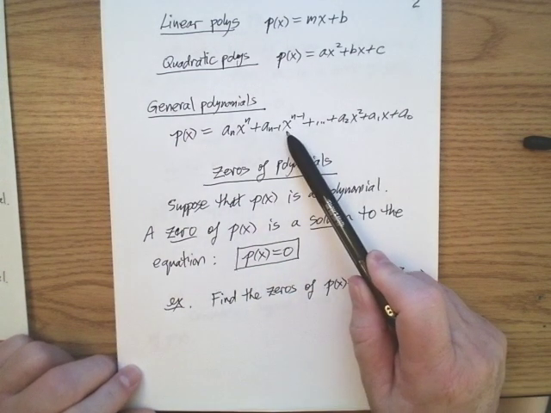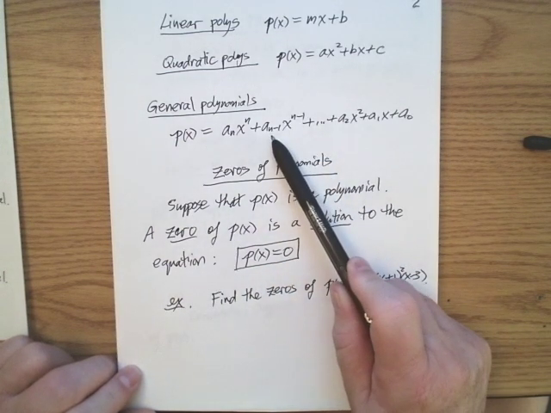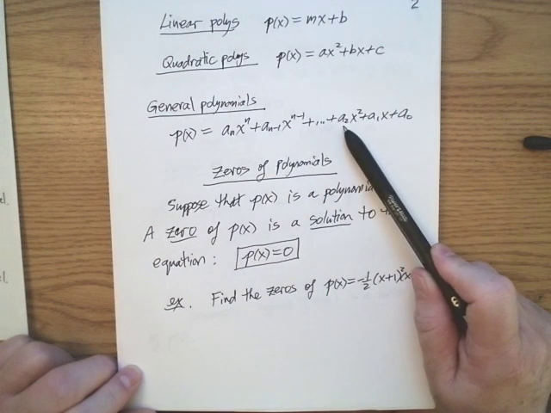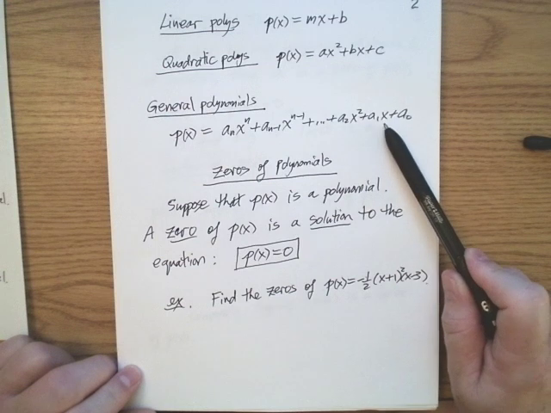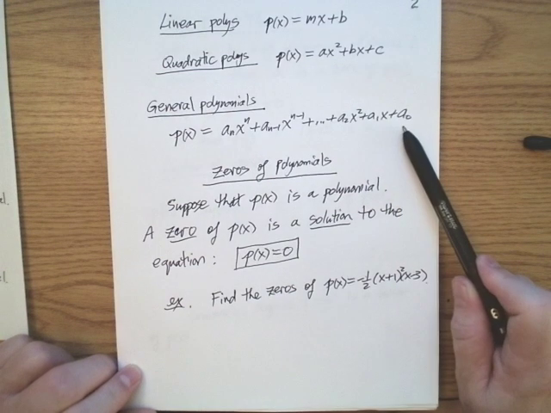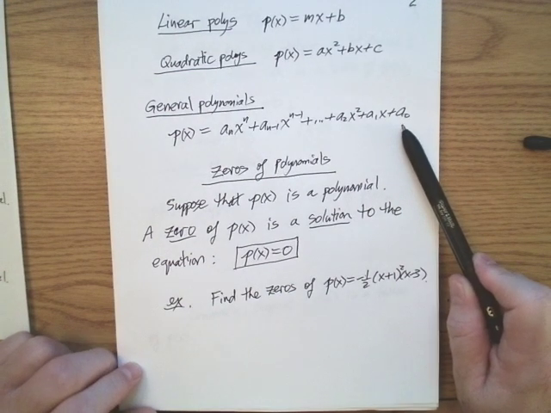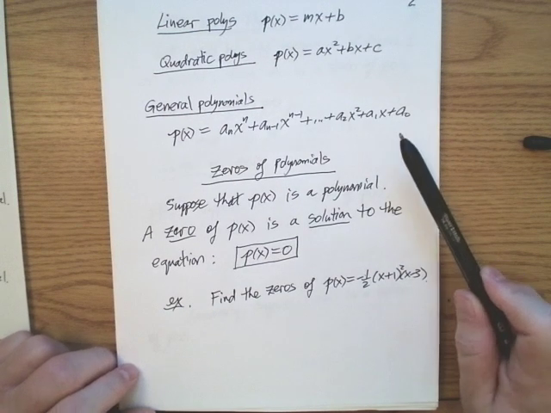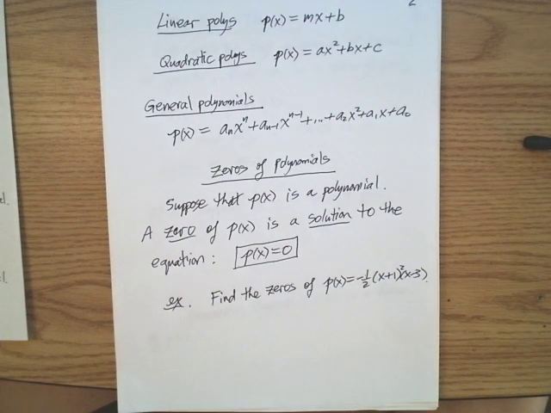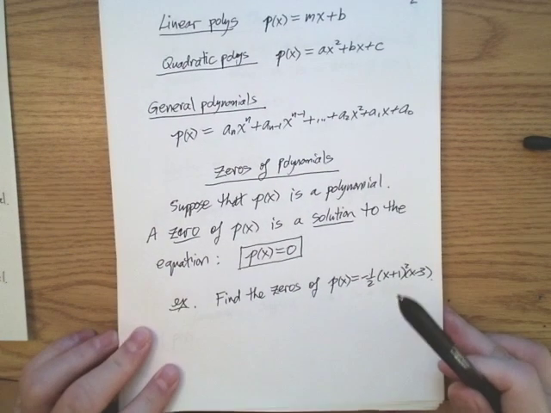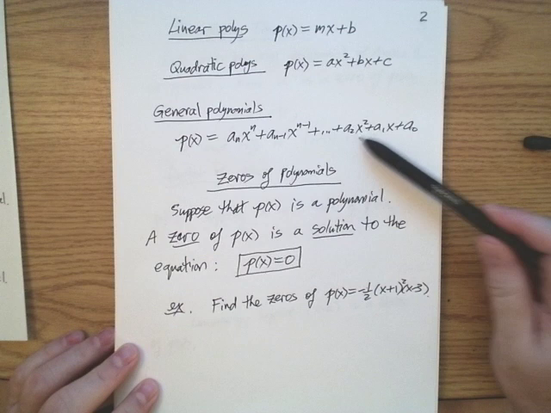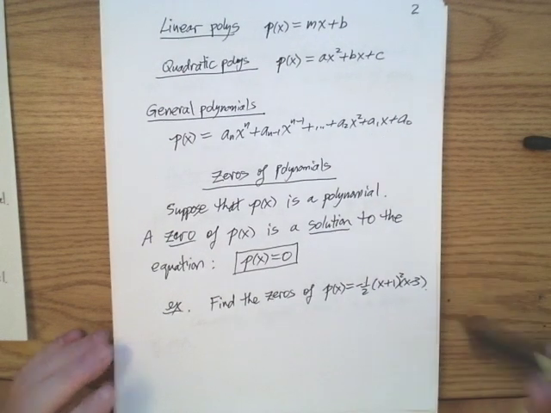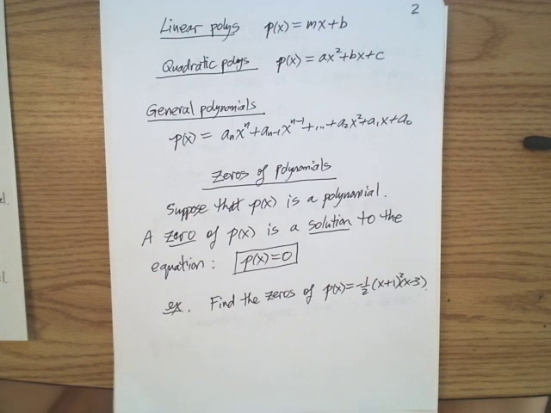The coefficient on x to the n minus 1 power is a sub n minus 1, and so forth. The coefficient on x squared would be a sub 2. The coefficient on x would be a sub 1. And the last coefficient, the constant coefficient at the end, would be a sub 0, or more likely I will say a naught. Okay? So this is setting us up for something. We'll use this symbolism later on when we're talking about things like the fundamental theorem of algebra.